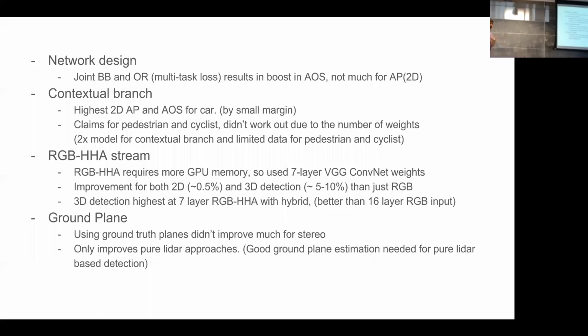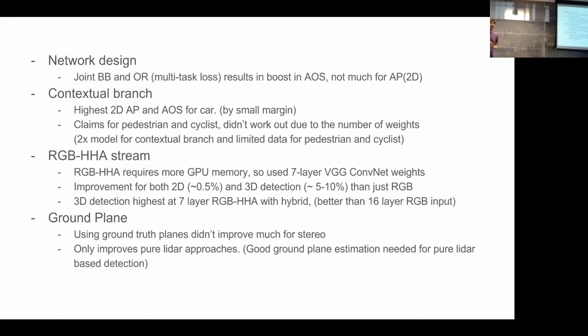Encoding spatial information into HHA format requires much more GPU memory. So they have to cut down the size of the weights for the convolutional neural net, from a 12-layer convnet down to a 7-layer convnet. The improvement on 2D detection is marginal, just a very small margin.